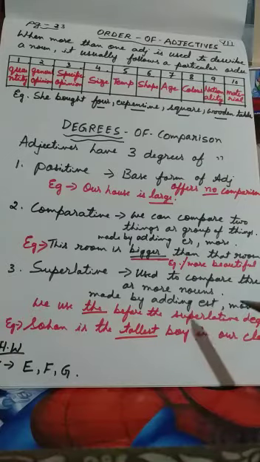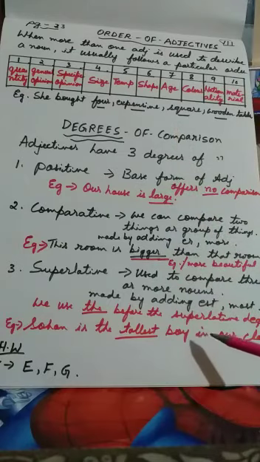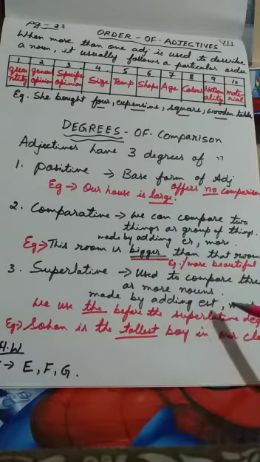I hope you have understood this, and the previous video in which I explained all the different kinds of adjectives, that also all together you will try to remember. This is a very, very important chapter.